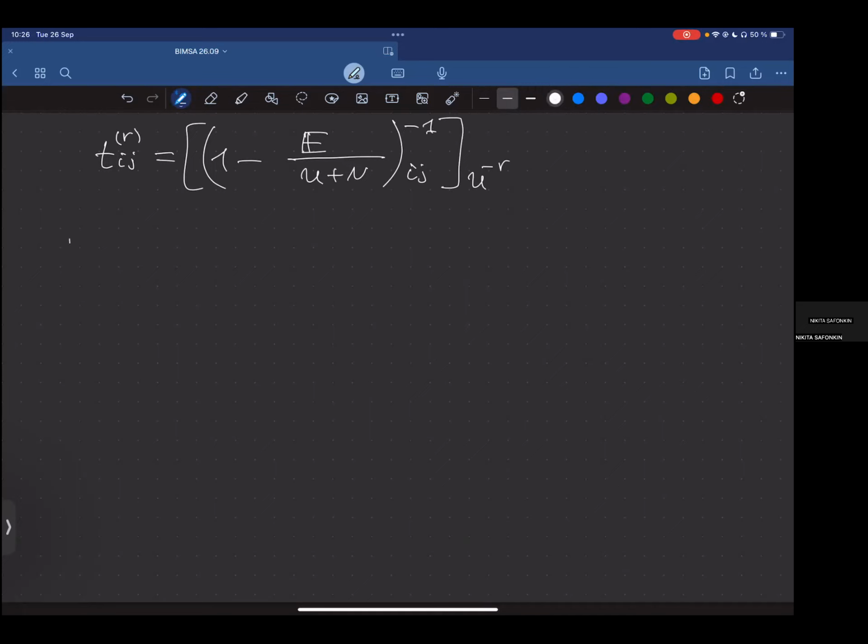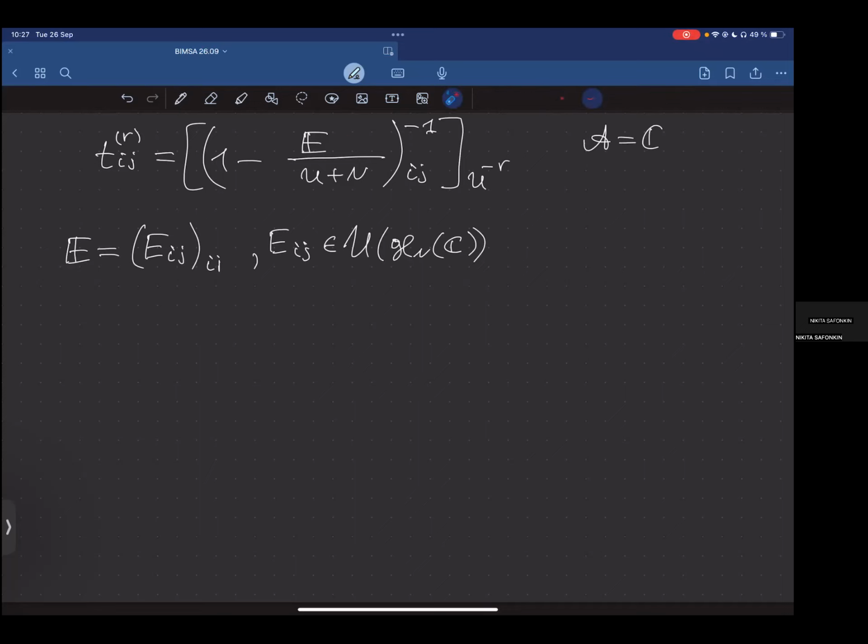This matrix E is just a matrix of Eij, where each Eij is an element of the universal enveloping algebra of GLN over C, of course, because we agreed that curly A is C for some time. So we have this matrix E. Then we divide it by u plus N. N is a natural number, which is here. And this u is just a formal parameter.